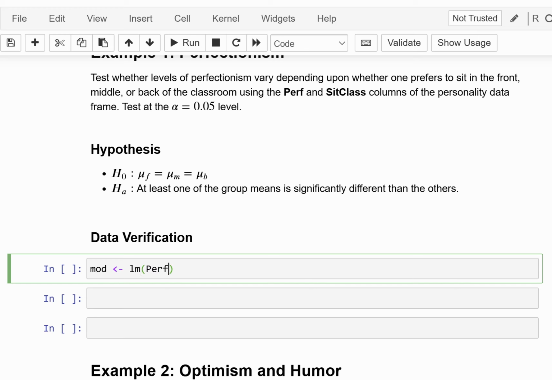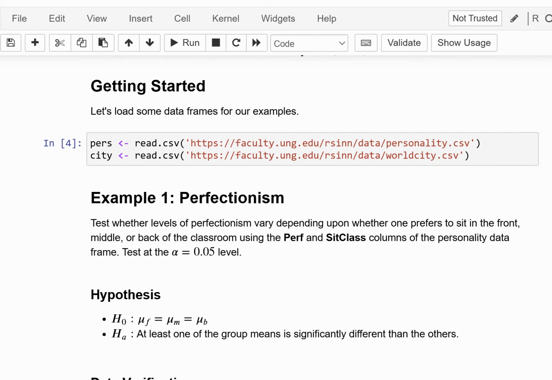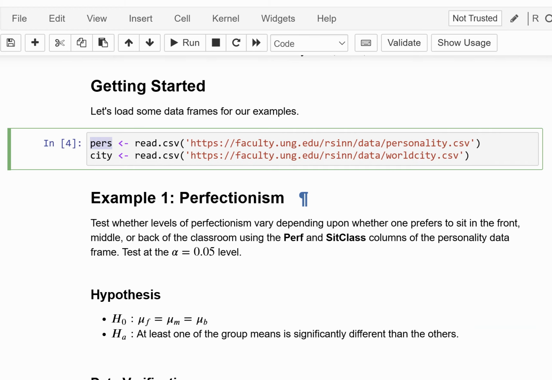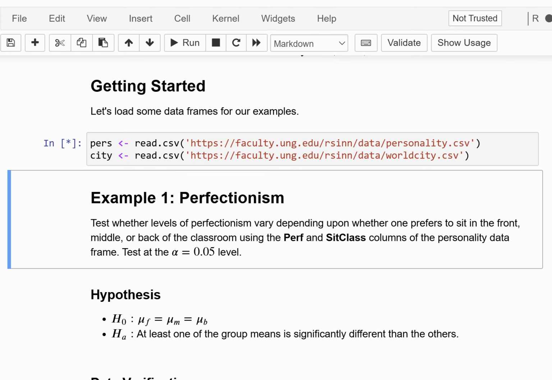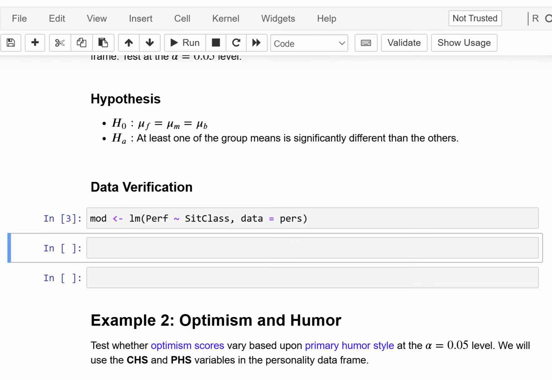I'm doing perf, the numeric variable, tilde sit class, data equals pers. And you'll notice that I've already done the read.csv for the personality data set, and I've run it, but just to make sure, let's run it again, to make sure both the pers data set and the city data set are loaded. Okay, so it's created this model.